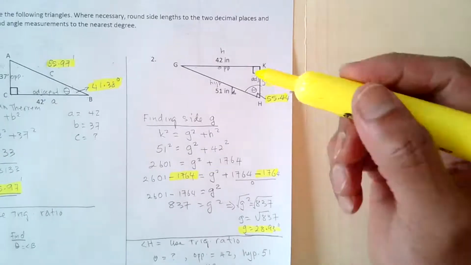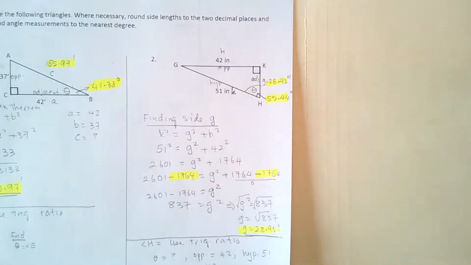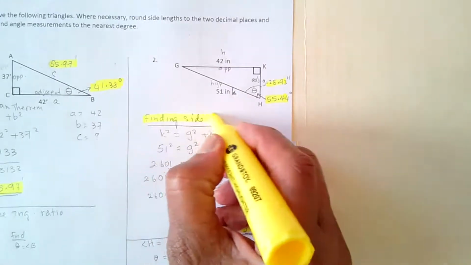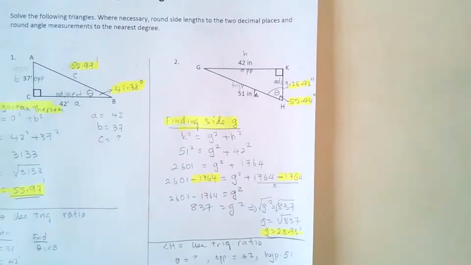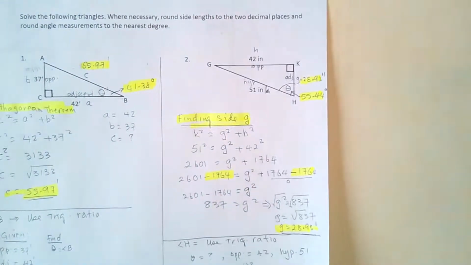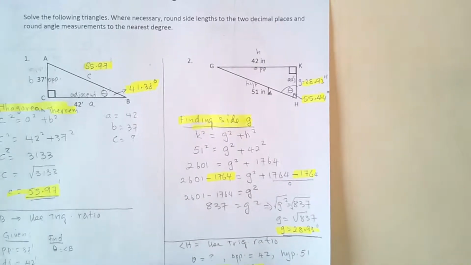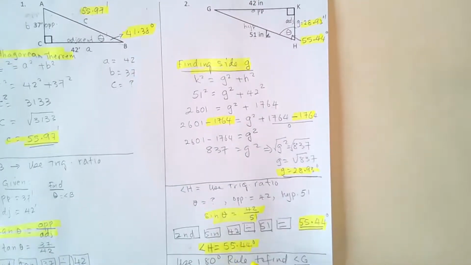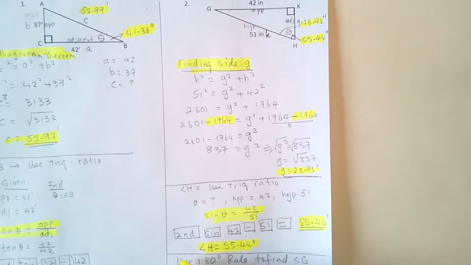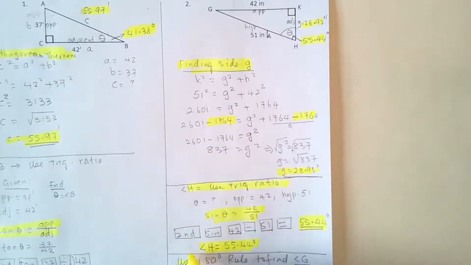So recapping, we're asked to find the missing side. We use the Pythagorean theorem. Then we use the trig ratio sine to find our angle, and then we use the 180 rule. So trig ratio, 180 rule.